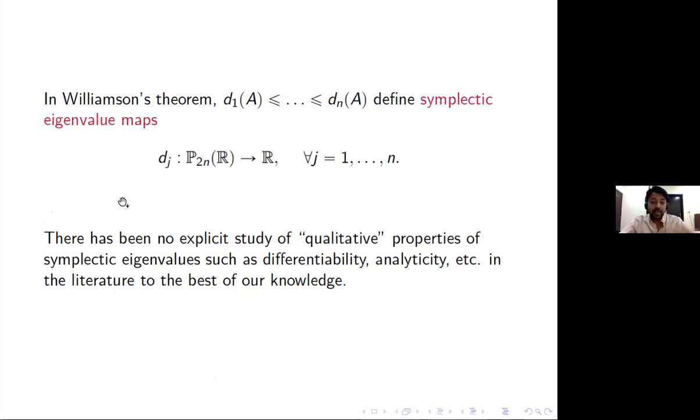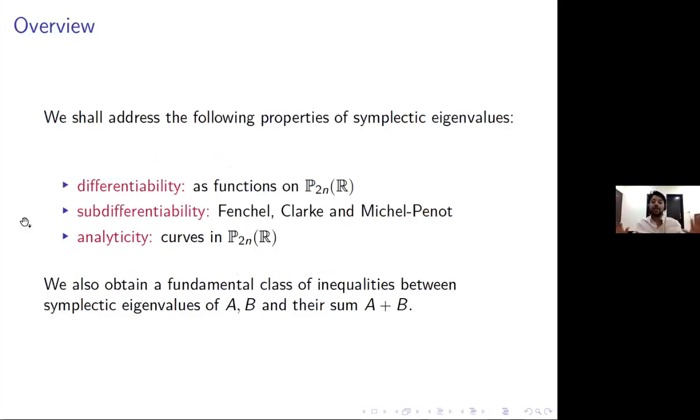We will be mostly talking about the qualitative properties, such as the differentiability, subdifferentiability, and analyticity properties of these symplectic eigenvalue maps. Here is an outline of the talk. We will talk about the differentiability properties of the symplectic eigenvalue maps as functions of positive definite matrices.